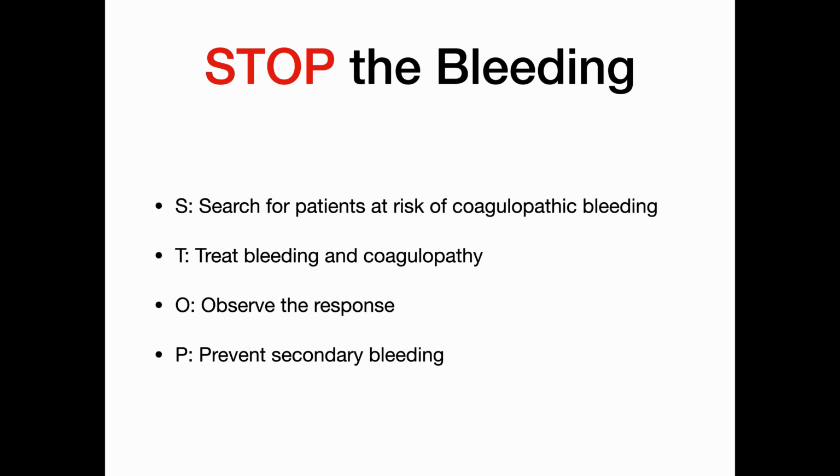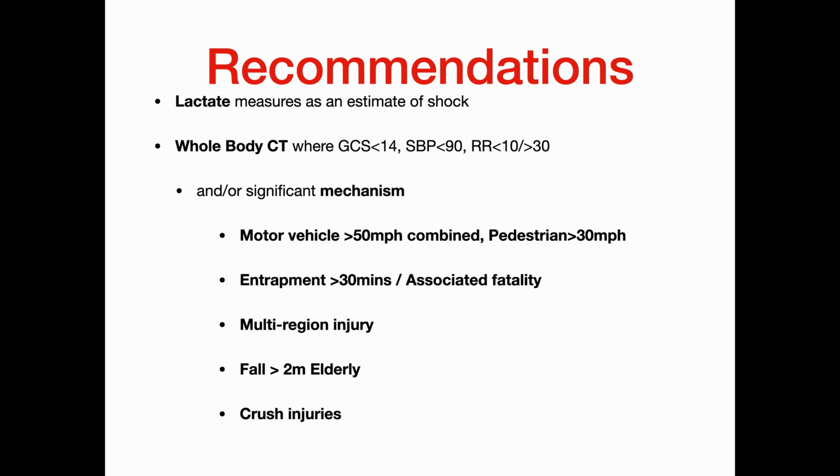So put them in a position where you can observe the response, and that's high dependency at a minimum, or theatre, or ICU, and be in a position where you can prevent secondary bleeding, so hence surgical access, trauma units, etc.